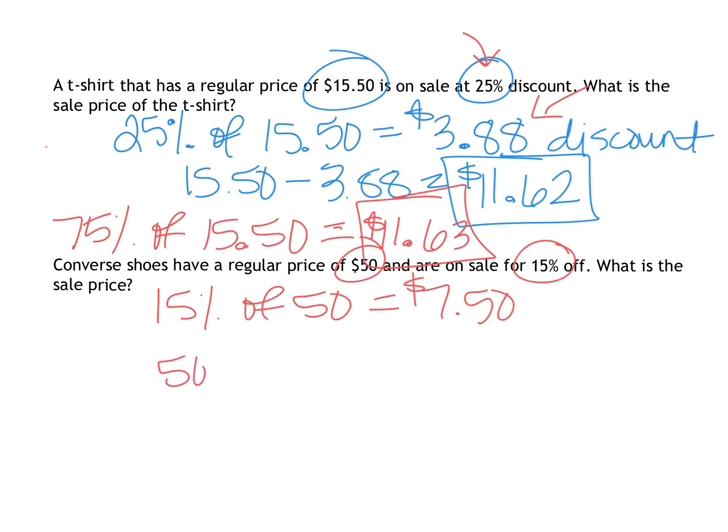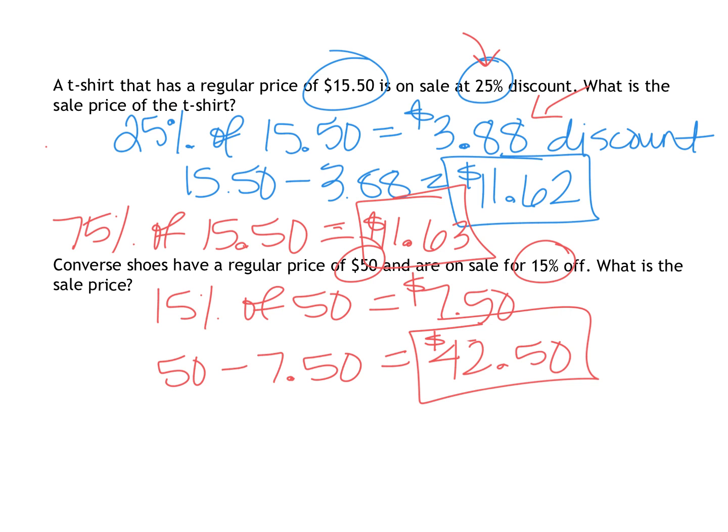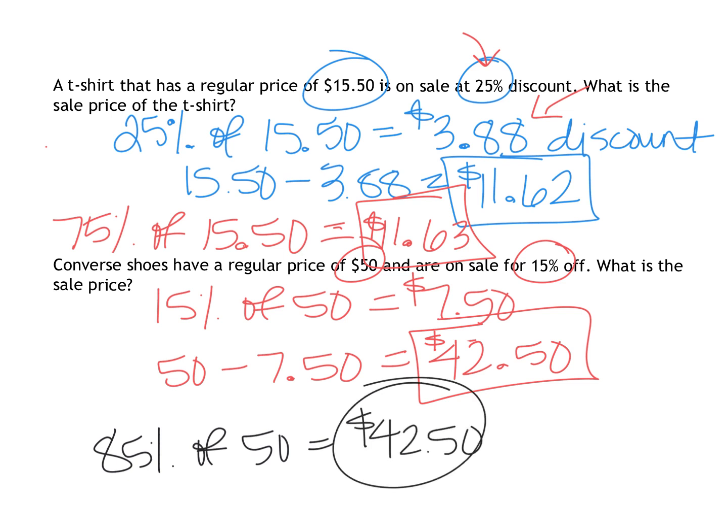And then I'm going to take 50 and subtract 7.50, and I would get $42.50. I also know that 100% minus 15% is 85%. So if you did 85% of 50, 0.85 times 50, you would also get $42.50.